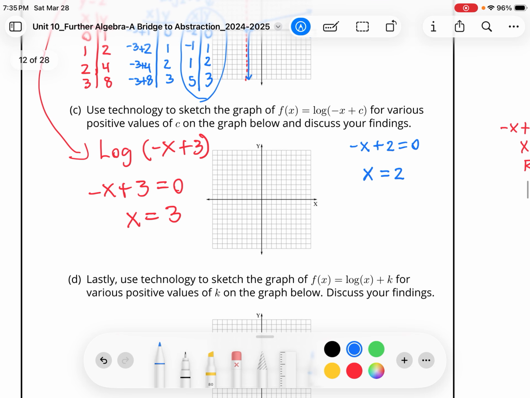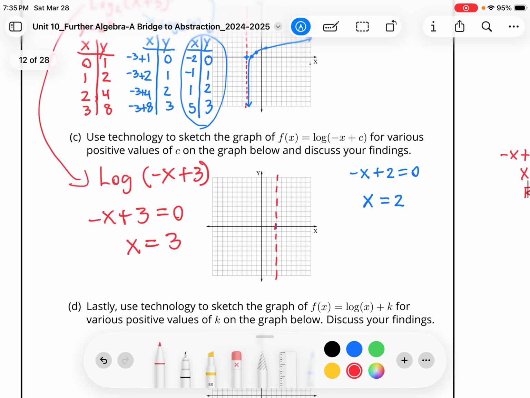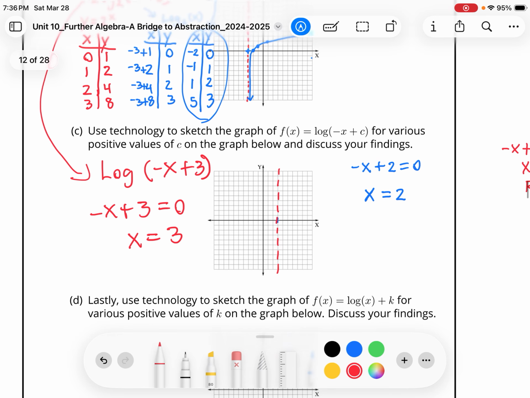Right, which means that my vertical asymptote would be at 3. And it would be a reflection over the x-axis. So what would happen here is that the x values would be the opposite sign of what I have. But I'm not going to do that just for the sake of time.